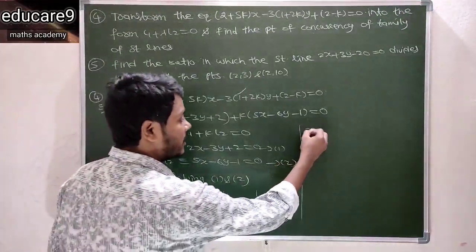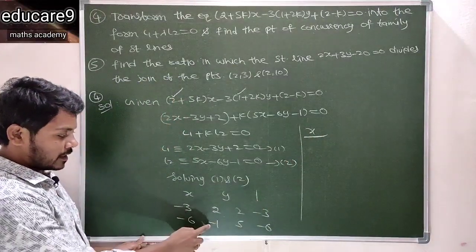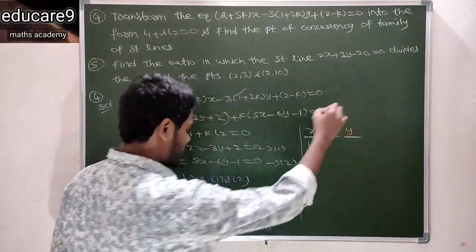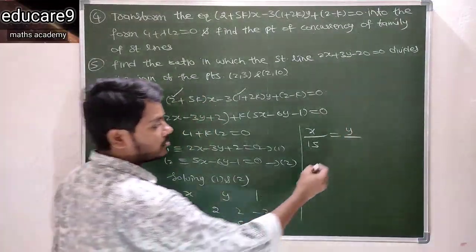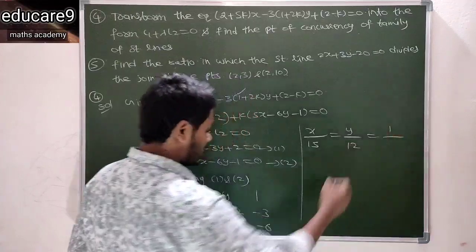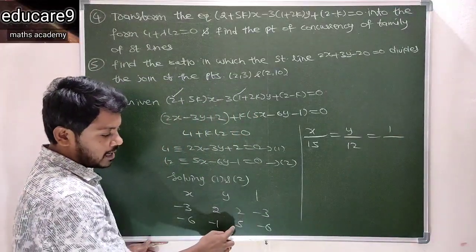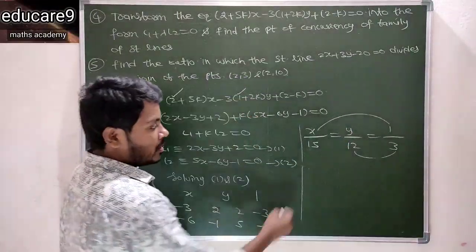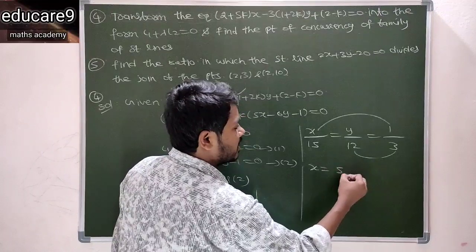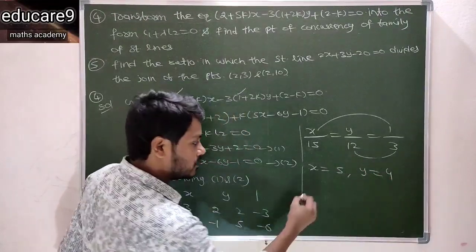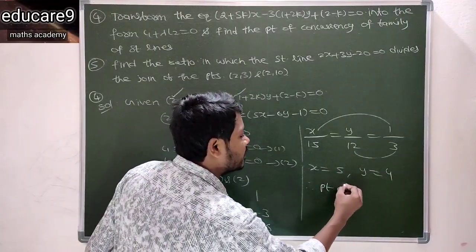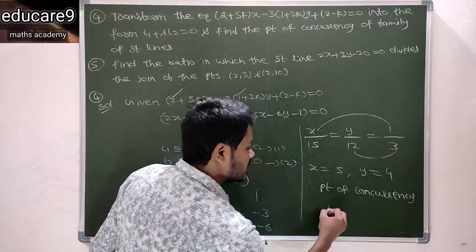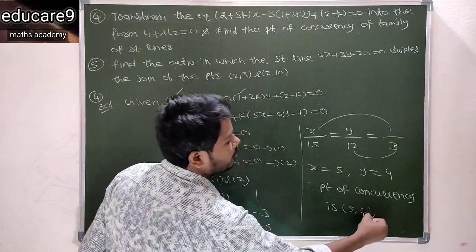So this is x by 3 plus 12, that is 15, and y by 10 plus 2, 12, and constant by minus 12 plus 15, that is 3. So equating these two and these two, clearly x is equal to what? 3 by 15, and y is equal to what? 3 by 12. Therefore the point of concurrency is what? 5 comma 4.